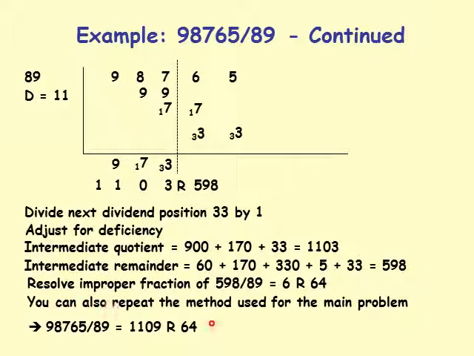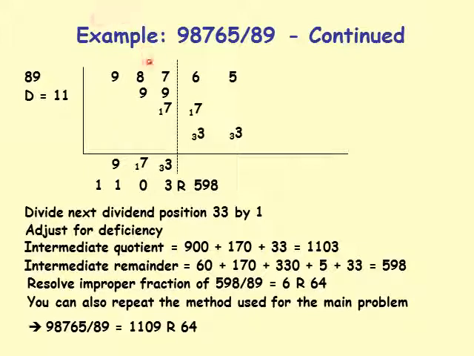We can also use the method we did before: divide by 10 and then by 1, and adjust. So when I divided 98765 by 89, I have 1109, remainder 64.